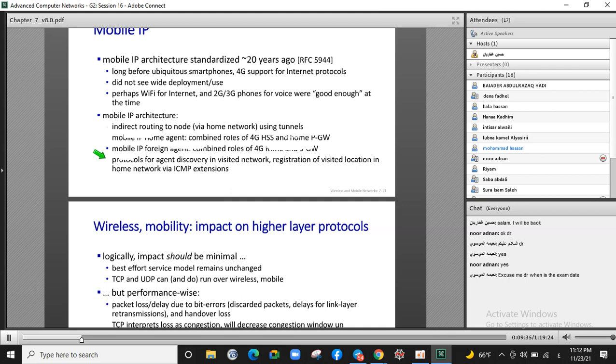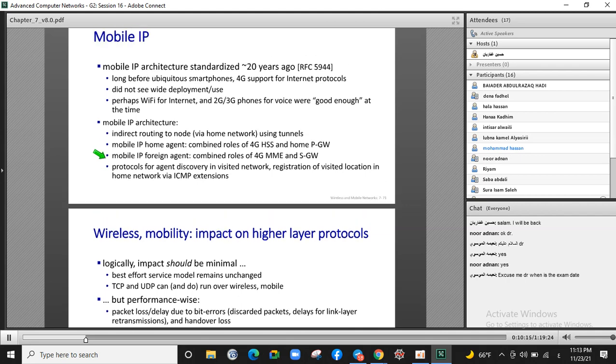And when we talk about moving from one network to another network, reaching a new visited network, in mobile IP architecture, firstly, the mobile node should register its location in the visited network. So the mobile device sends its information to its home agent via ICMP messages.